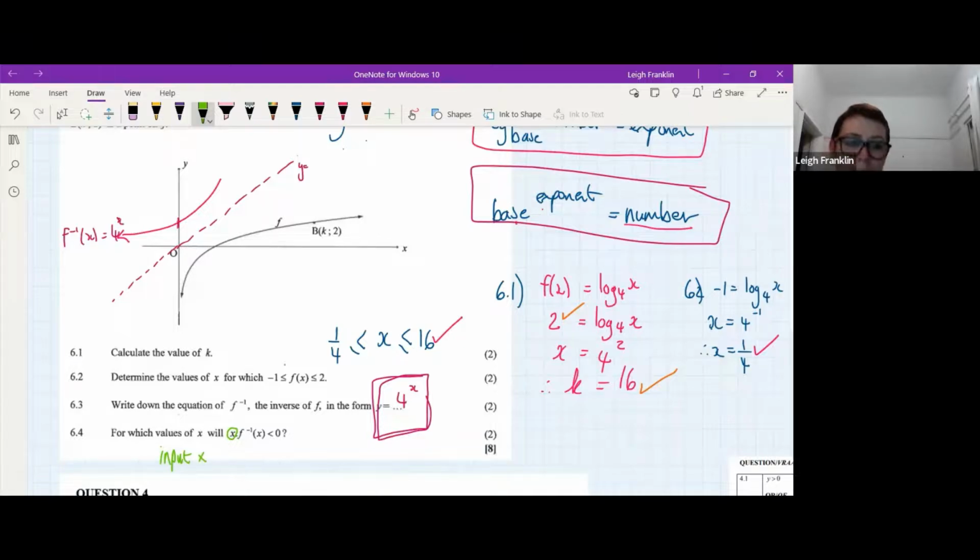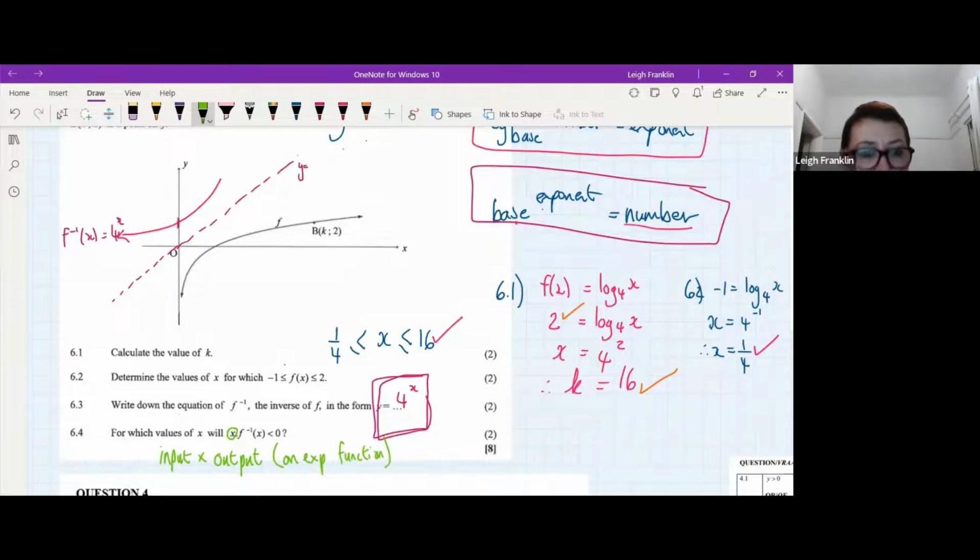Okay, so remember, in this case, our original function is a logarithmic function. Our inverse is the exponential function. So they are saying input times output, but they're not talking about the outputs on f. They're talking about the outputs on the inverse, on the exponential function.